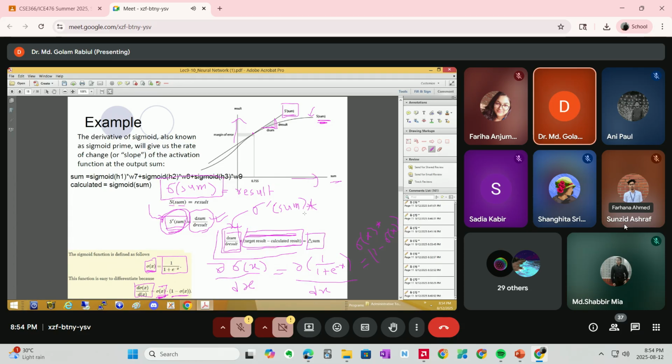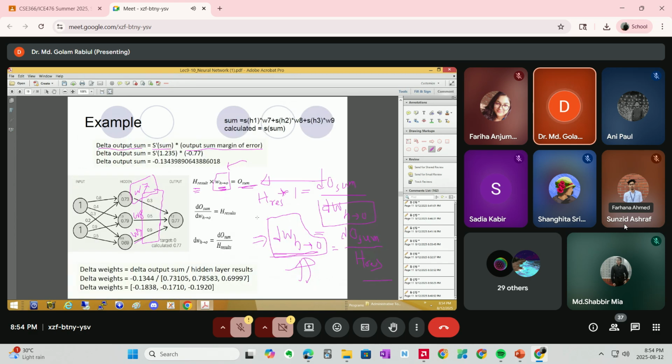That is the error, okay, times the error. So that is our delta O sum. That's what we have written: delta output sum is equal to the derivative of the sigma of the sum times output sum margin error.